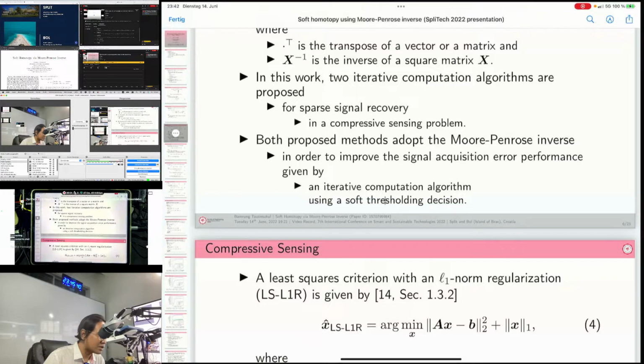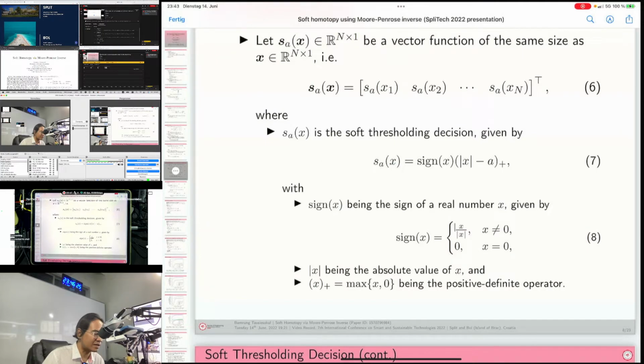But in this work we consider the soft thresholding decision. The soft thresholding decision is based on the sign of the value of x minus a certain threshold value, and the sign is the sign of that number. For example, negative 7 would return negative 1, or 0 if x is 0, and if x is 10, we will get the number 1.